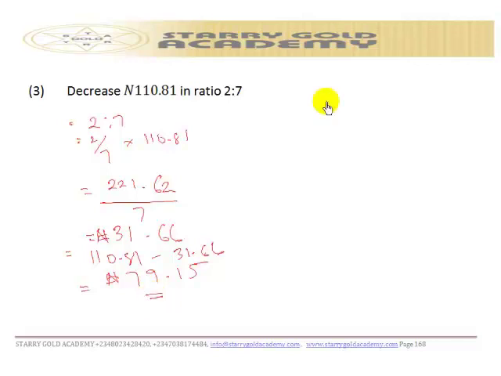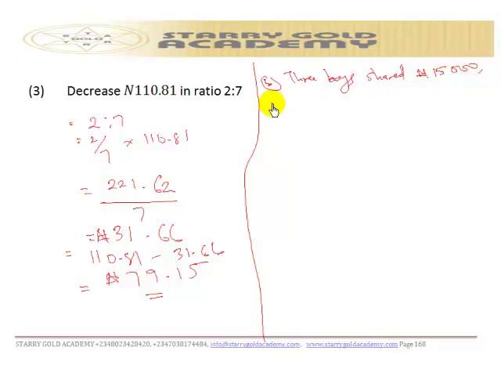Okay, let me just compose a question for you. 3 boys shared 15,000 in ratio 2, ratio 3, ratio 5.